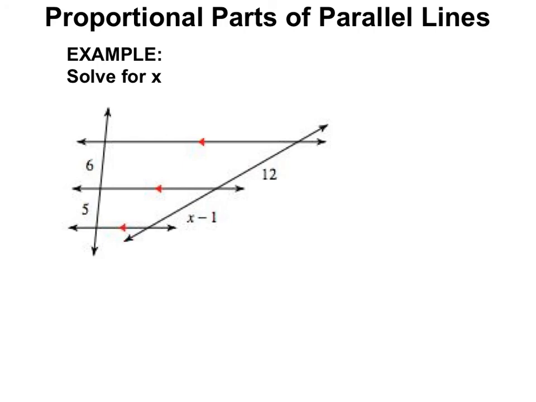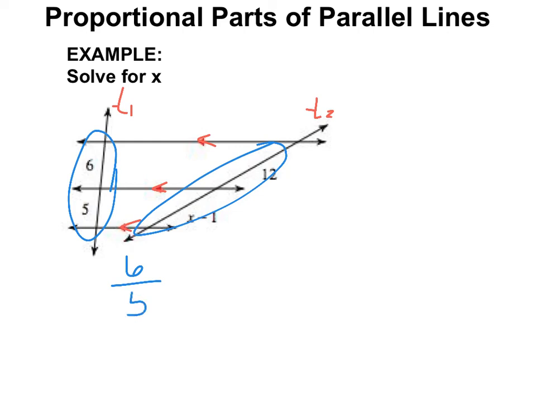So we know we have parallel lines. We have 2 transversals. So we know that these pieces must be cut into proportional parts. So 6 over 5, which is on one transversal, is going to be proportional to the other parts on the other transversal, so that's 12 and x minus 1.